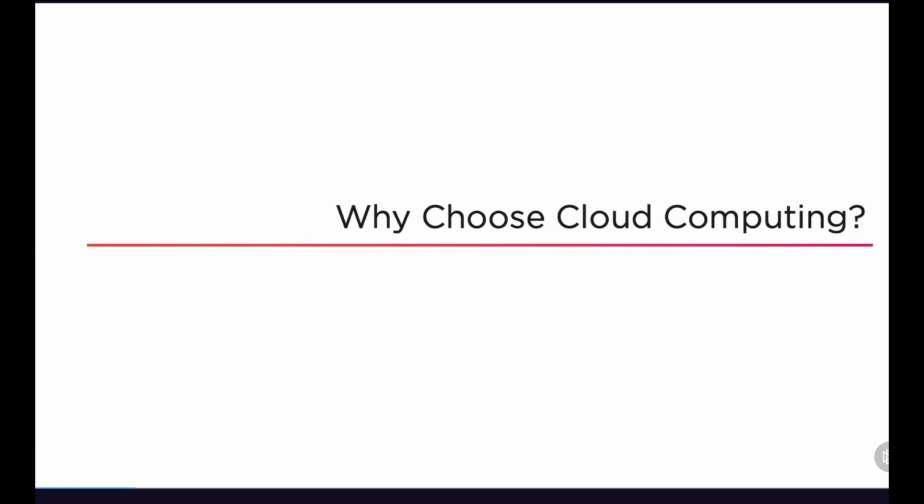But an organization is going to go to the cloud whether or not we as security professionals want it. Therefore, we have to have ways to make it secure. We have to understand what the risks associated with the cloud are. So why would an organization choose to go to cloud computing?